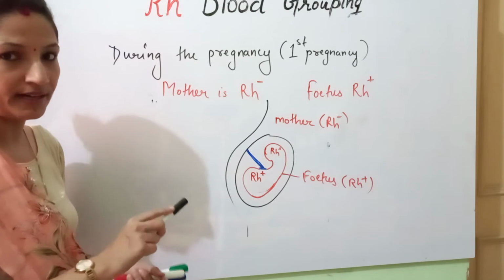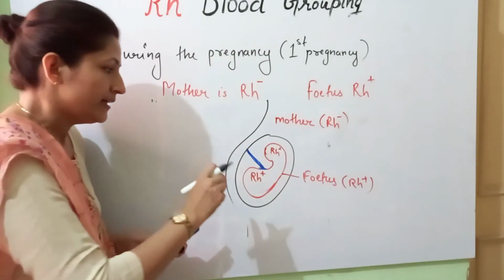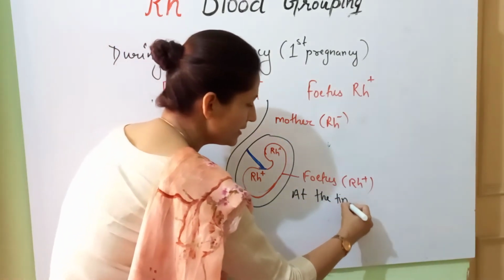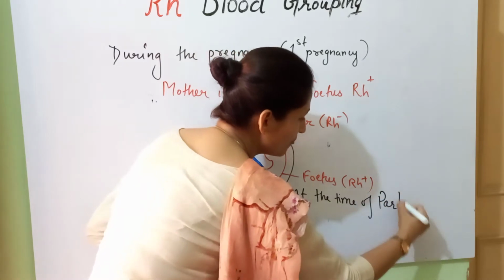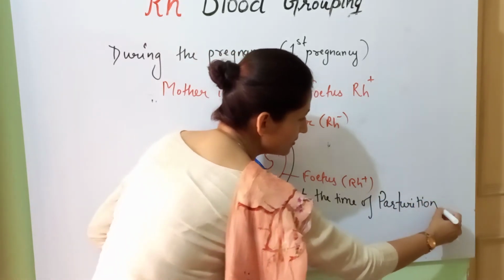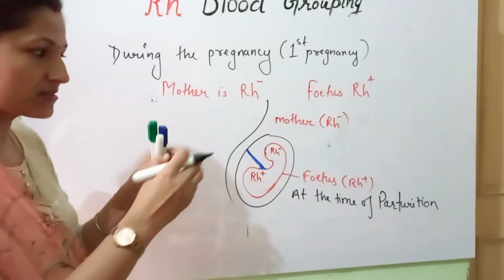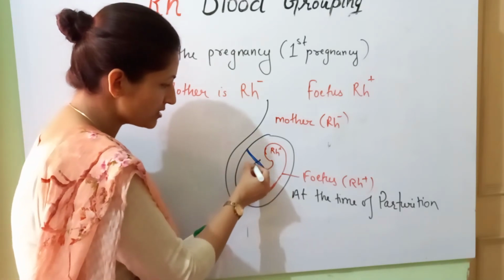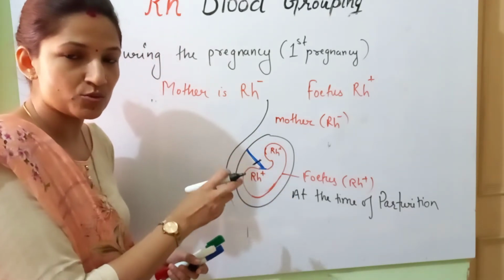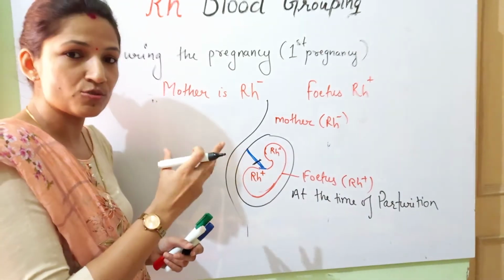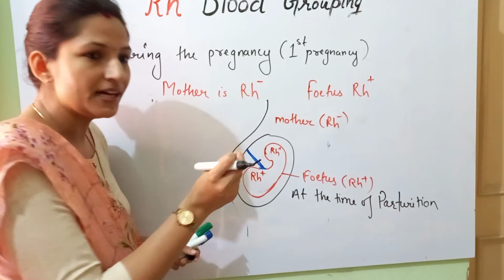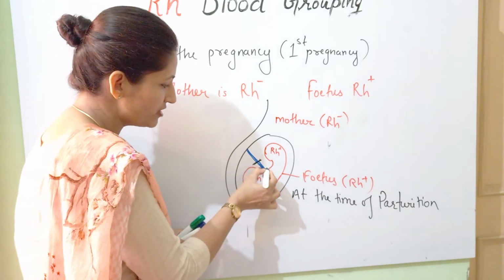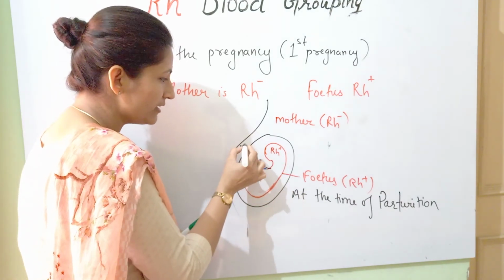And at the time of the parturition, during the act of the birth, when the baby is delivered after the gestation period of 9 months, when the placental barrier between the mother and the child is going to break or be cut, there is a very little chance of mixing of the blood. The blood of this RH positive fetus enters into the mother.